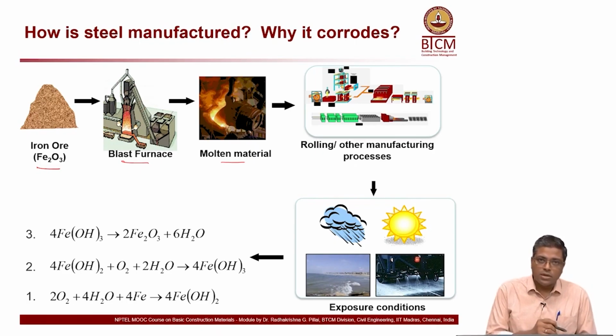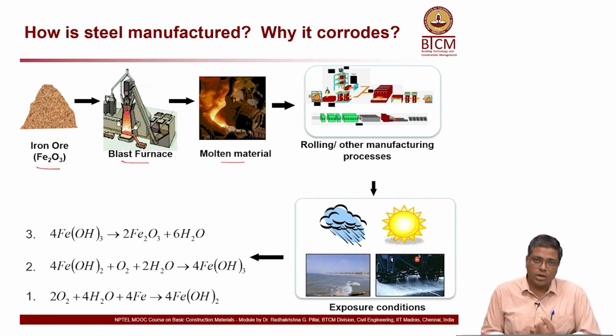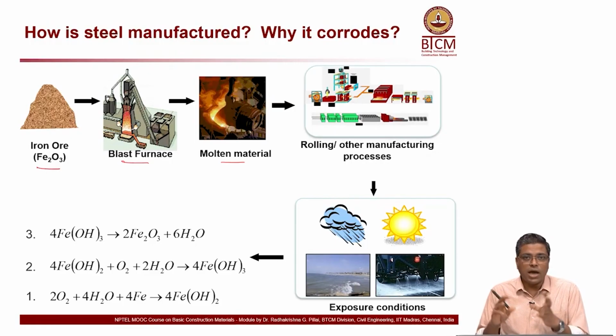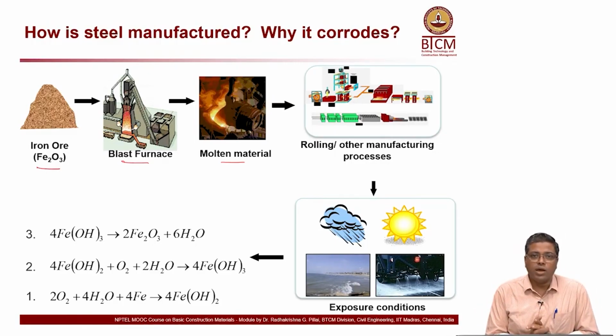As you heat and as you pass it through the mechanical dies, both heat energy and mechanical energy are utilized. And so this energy, both thermal and mechanical, gets stored in the steel. Now, a material which has a higher energy level will definitely try to react with the environment and try to go back to its original energy level, which is that of the iron ore.